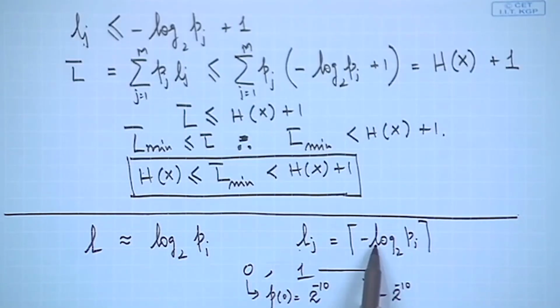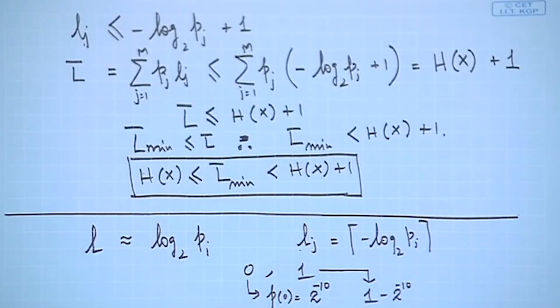Going by this, we find that the number of bits I should give to 0 is 10, and according to this will be the number of bits that I should give to 1, and definitely what we see is that this is not the one which is going to minimize the average code word length. So, why is it so, what are the fallouts of it, and what can be done to make it very close to entropy is something we are going to see very soon.